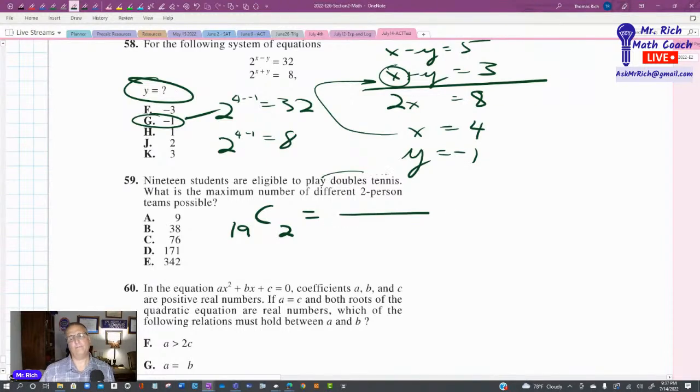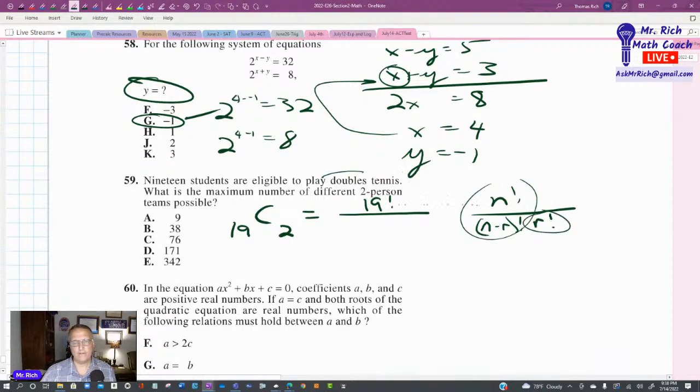So what we do here is n factorial over n minus r factorial, and then we divide by r factorial for the combination. This would be permutations, but for the combination I'm dividing by that.